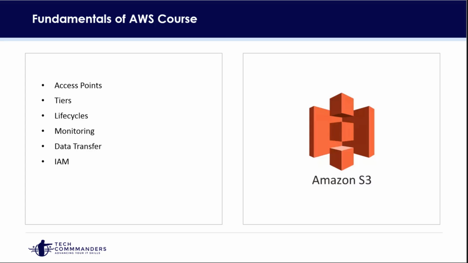It does support monitoring. We could integrate CloudWatch with it. Data transfer and IAM, of course, S3 supports data transfer capabilities. Now also, with data transfer, there are utilities out there to migrate data to S3. And also, with IAM, we have the ability to create buckets.